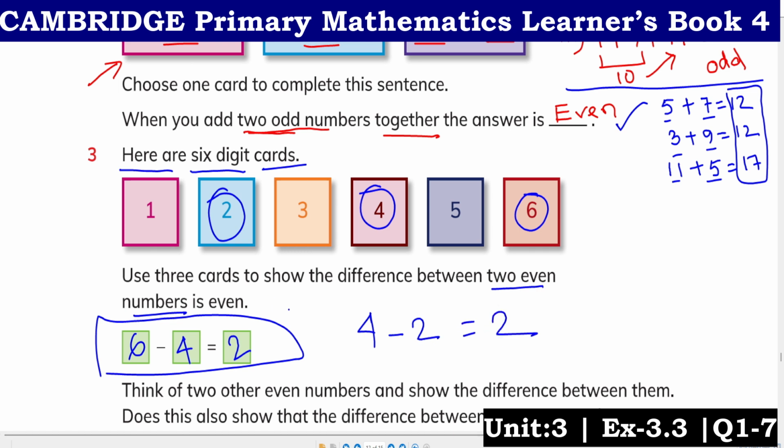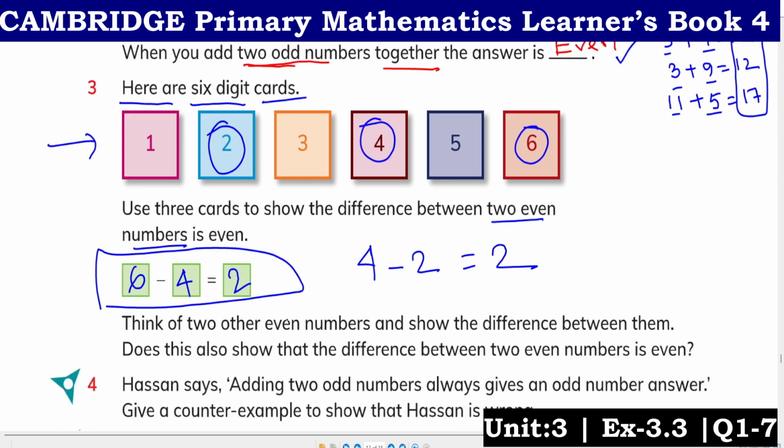It means that the difference between two even numbers is even. From the example, from the 6 cards, we take 6, we take 4, and the result is 2. Very simple. Think of two other even numbers and show the difference between them. Does this also show that the difference between two even numbers is even?